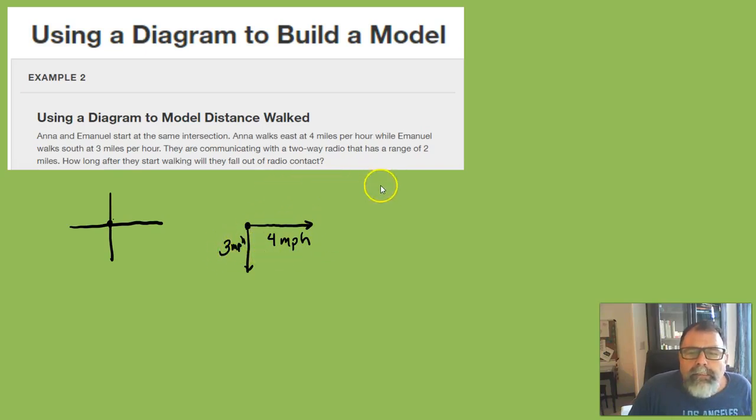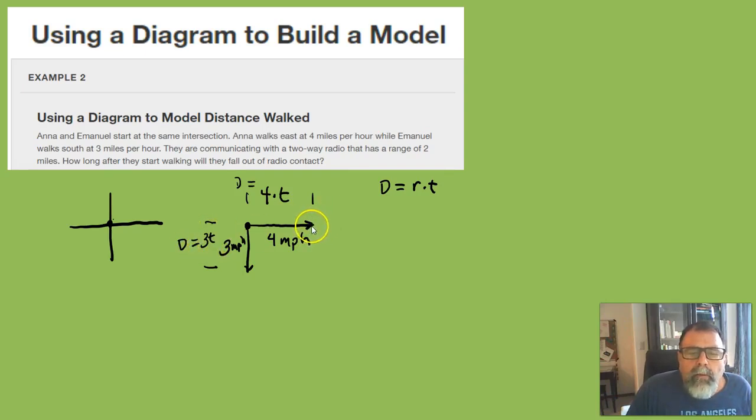Now remember, distance is equal to rate times time. So this distance is going to be 4 times t, and then this distance is going to be 3 times t.